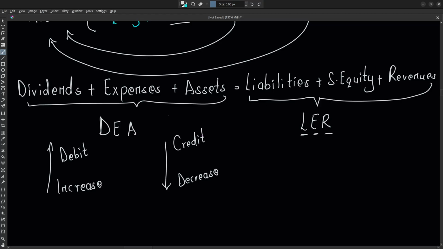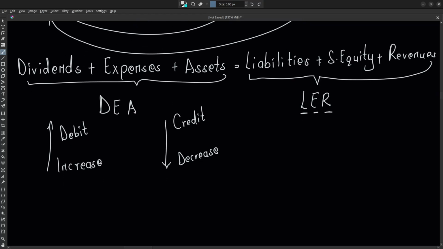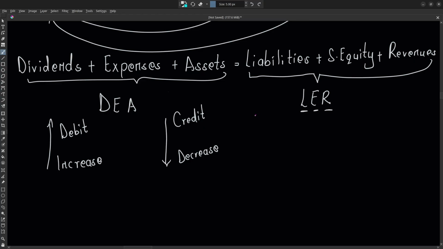Then on the right side of the equation, it is actually the opposite. When we want to increase the accounts, let's say accounts payable is a liability, then if you want to increase that account, you need to credit that account, because it is a liability account.